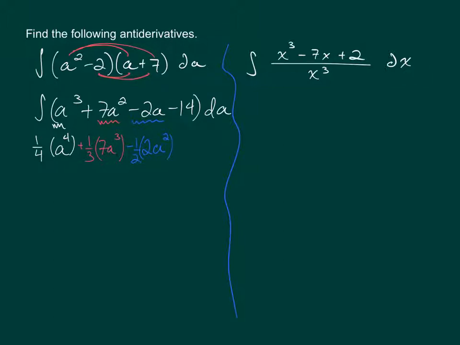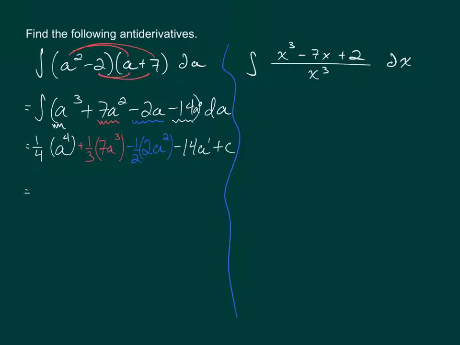And the last term over here, minus 14, will turn into minus 14a. There's an a to the 0 power hidden in here. So when you add 1 to the exponent, you get a to the 1st power. And then lastly, we cannot forget plus c. So now that we have an expression here, we should probably just go ahead and simplify anything that we can.